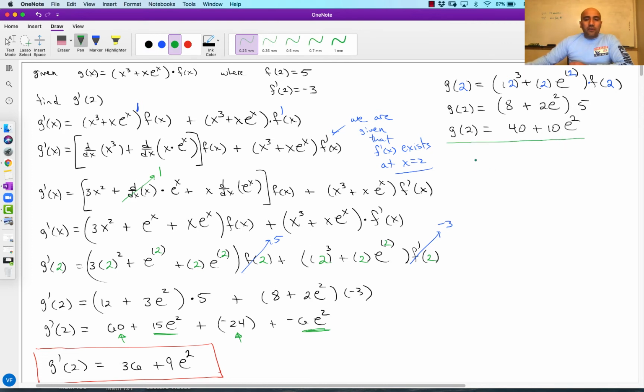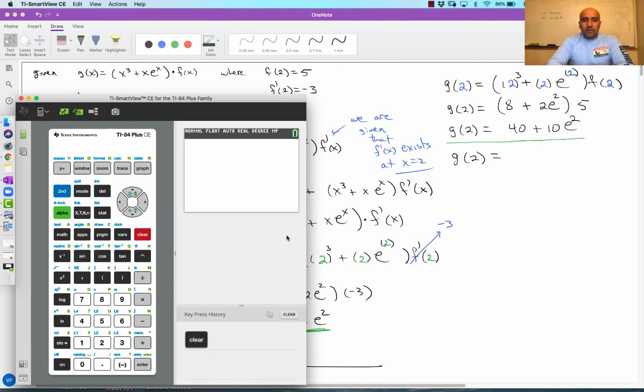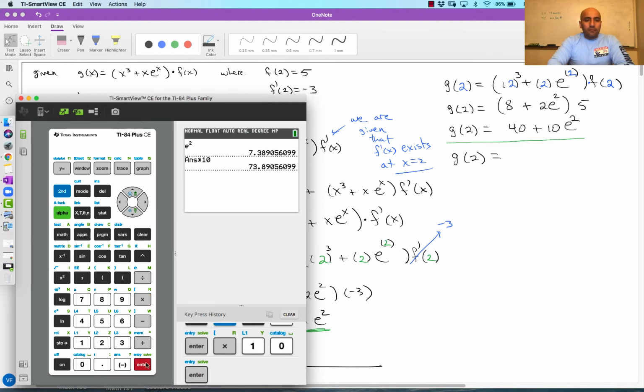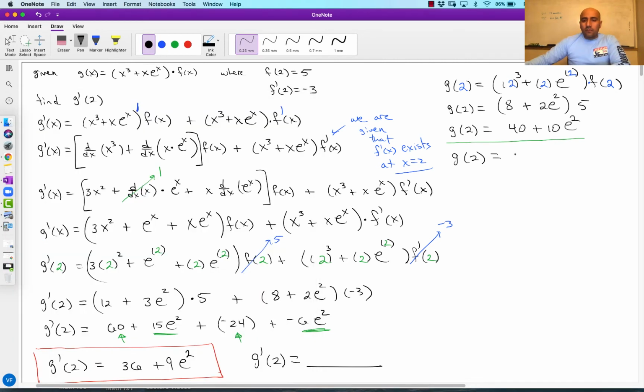Okay, let's use a calculator to approximate these and get a decimal approximation to these values. Okay, so first I'll calculate this. So let's do e squared times 10 plus 40. So I get 113.89.